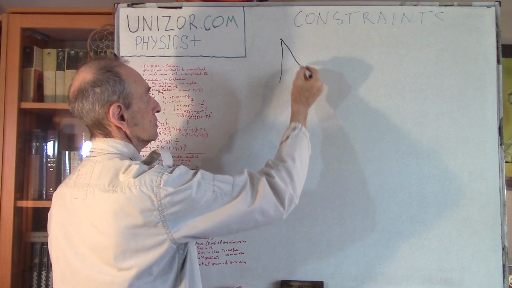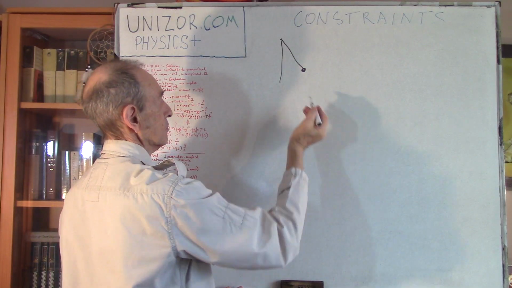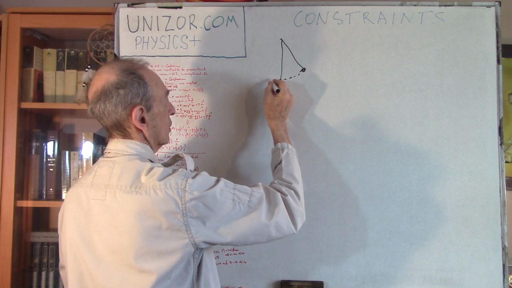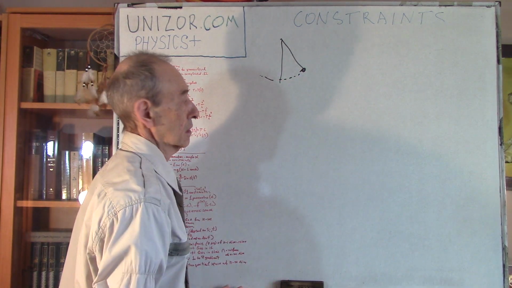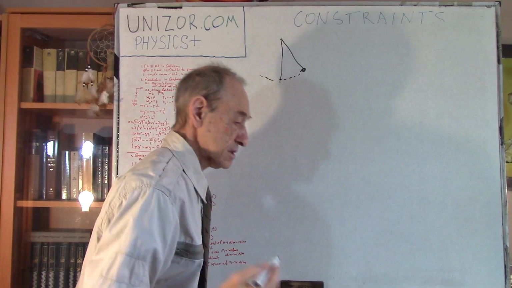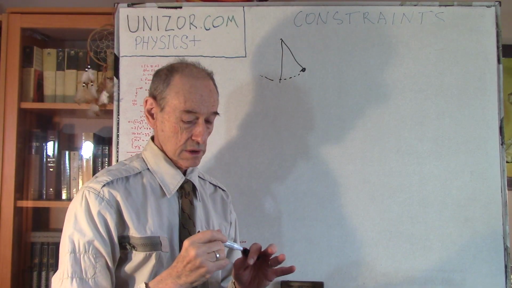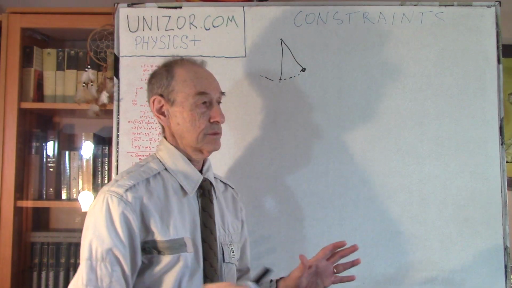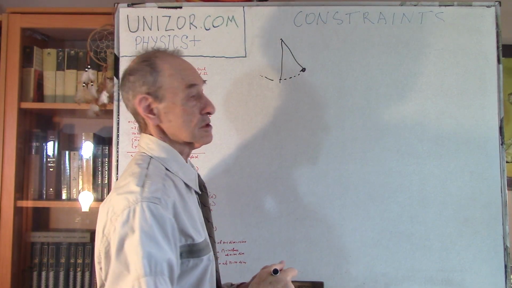This is a rigid rod. This is weightless, obviously. This is some kind of a bob which goes along the circular trajectory. Now, let's do it in purely Cartesian coordinates, Newton's second law, etc. So, what is Newton's second law?